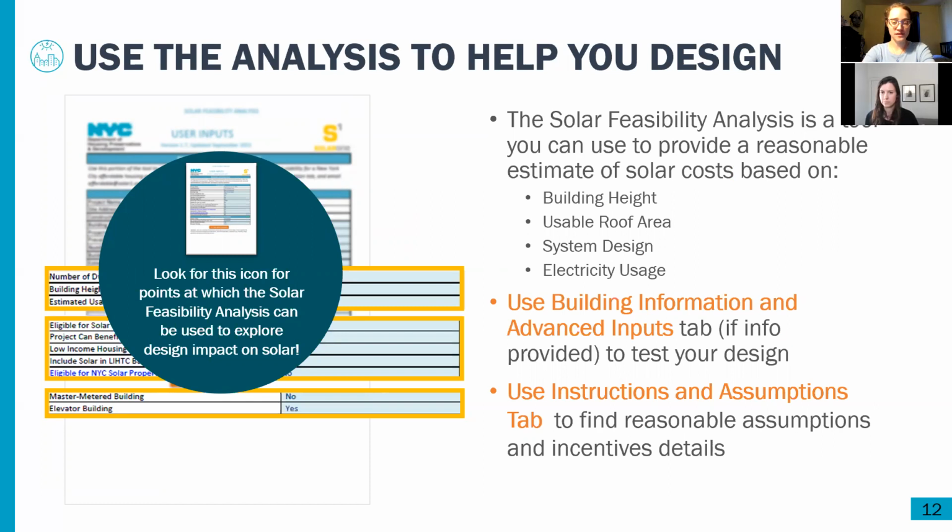And then the results page will show you what the effect on the financial outlook is based on what you've put in there. And then the instructions and assumptions tab at the beginning of the tool has all of the information you could possibly want as background on how the tool was created.